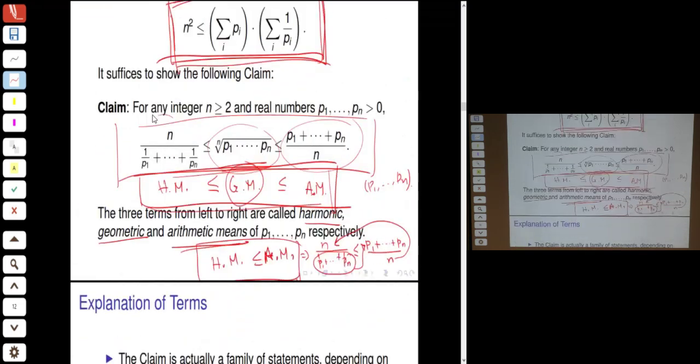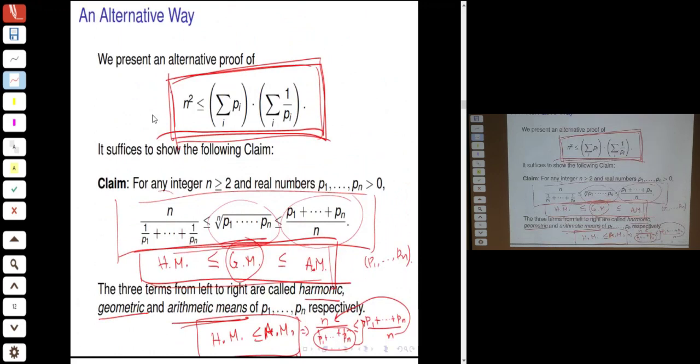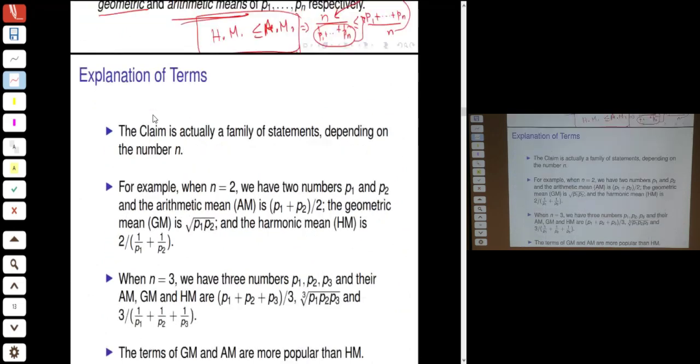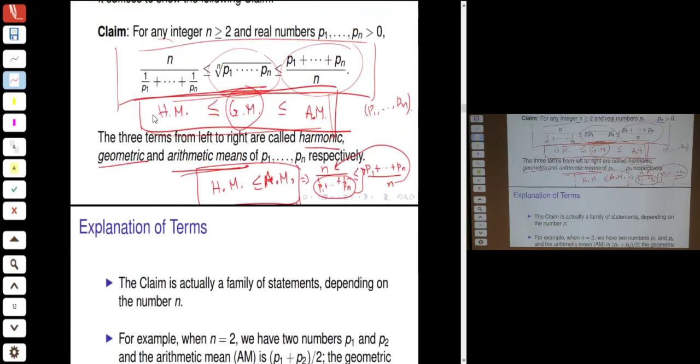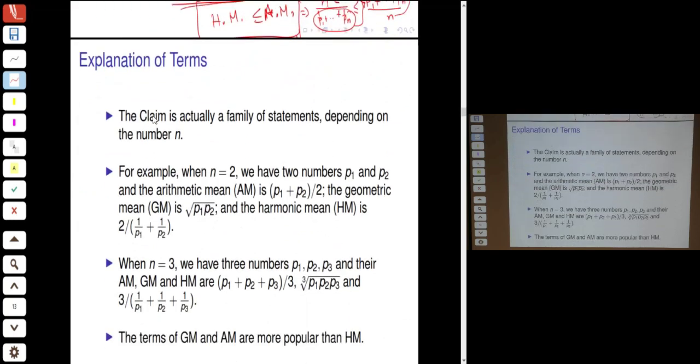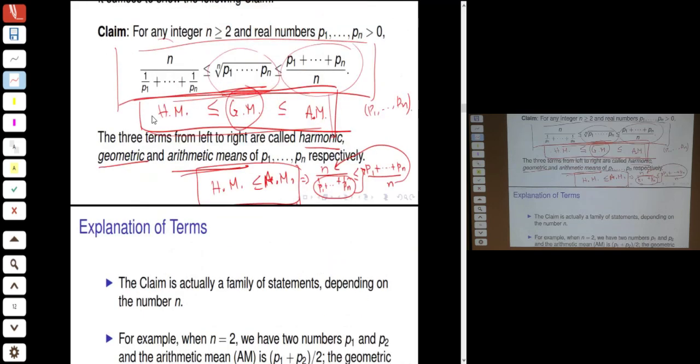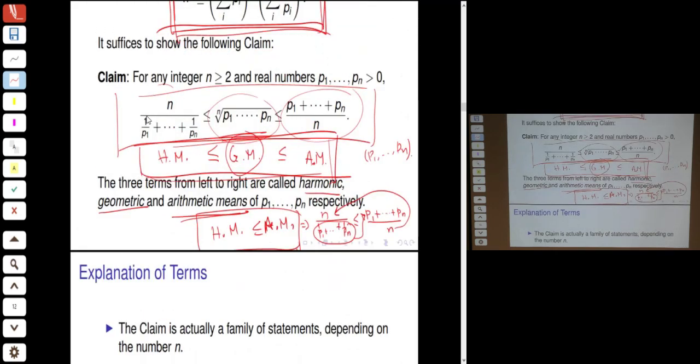Is it clear? Any questions? So let's now discuss a bit about what these terms mean. Of course, AM, or the arithmetic mean, is just the regular mean that we are used to.